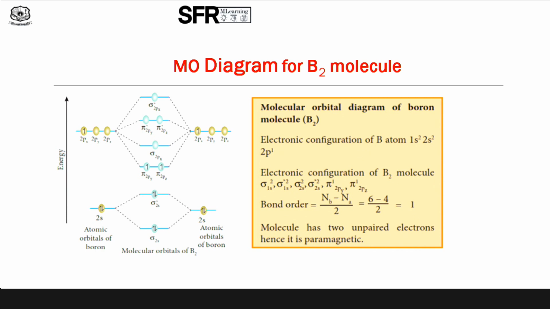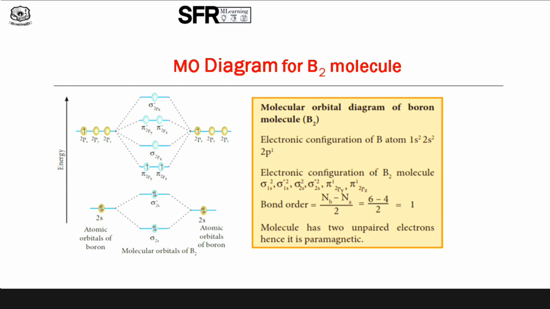The 2p orbital of one boron atom combines with the 2p orbital of the other boron atom to form 2 types of orbitals: one is the sigma orbital and the other is the pi orbital. Here the pi orbital has 2 energy levels, whereas the sigma orbital has 1 energy level. In the boron molecule the pi energy levels are lower, so the pi orbital is at lower energy compared to the sigma.